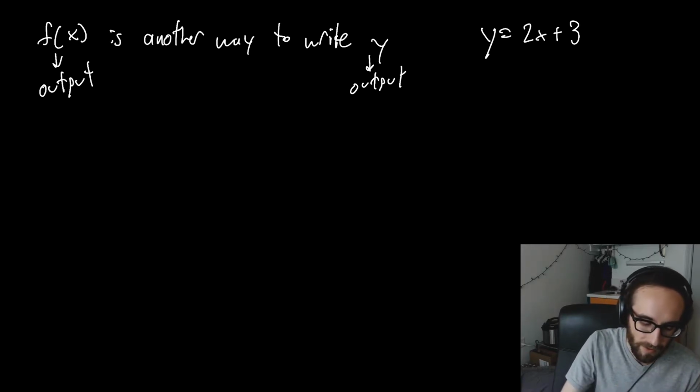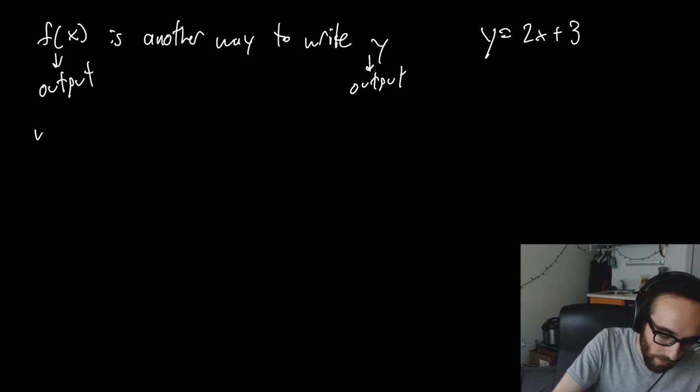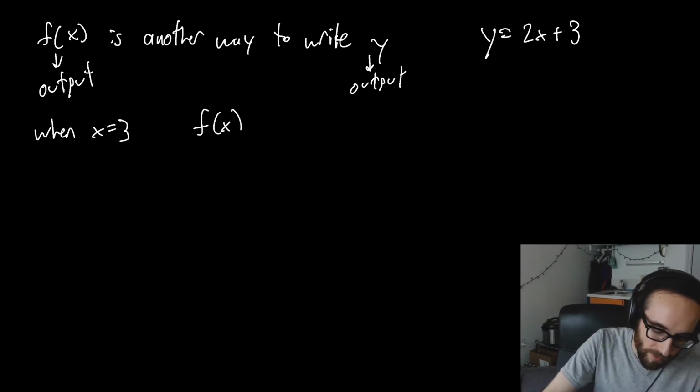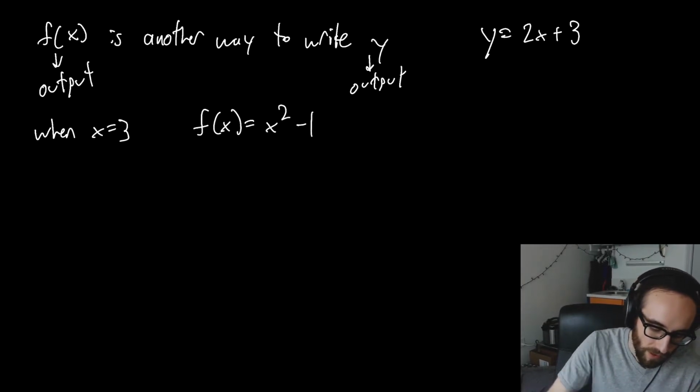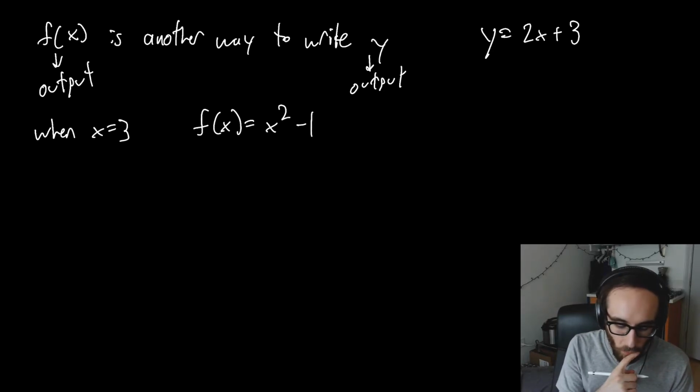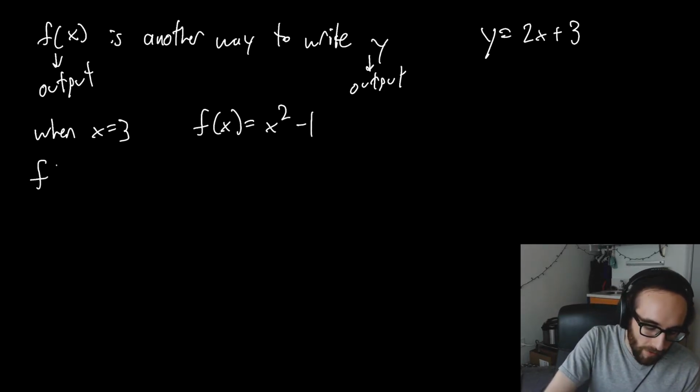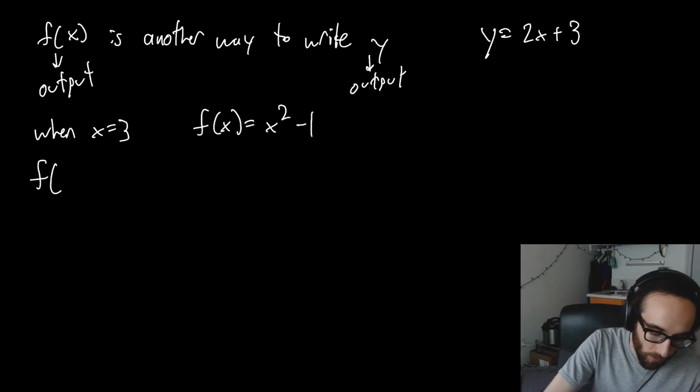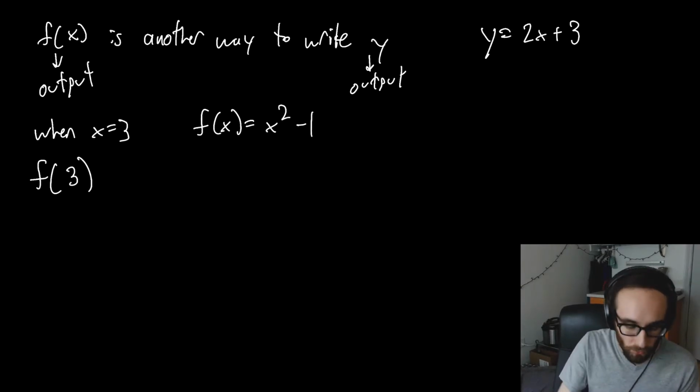F of x is a little bit more useful, however. So first of all, when we're talking about inputting a value, so before we said when x equals 3, and we were looking at f of x equals x squared minus 1, we can write the output that we get when we plug in 3 as f of 3.